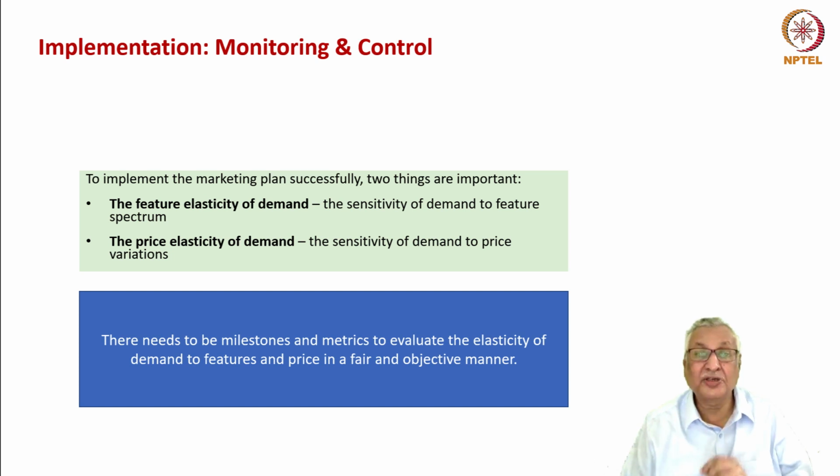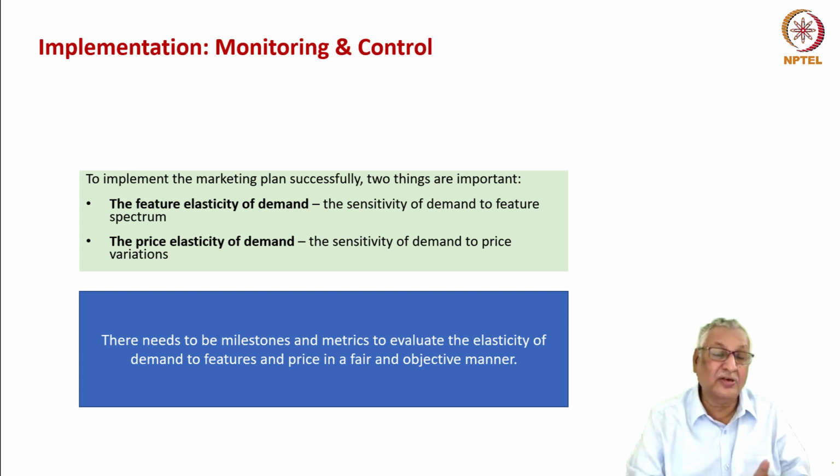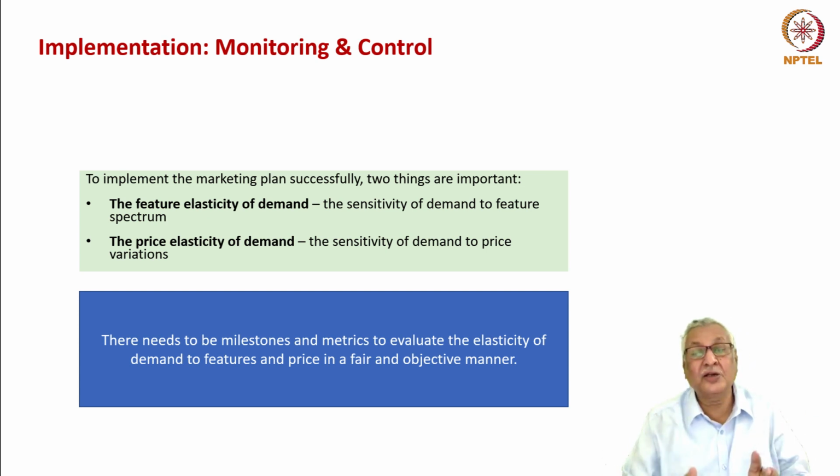Then you come to monitoring and control. And while implementing, you have these metrics. There are two elasticities of demand as far as the pharmaceutical product is concerned. What is the feature elasticity of demand? That is, if you keep on making a poly pill of 3 or 4 products, will it increase the demand, or will each pill separately given have the equal combinatorial demand?